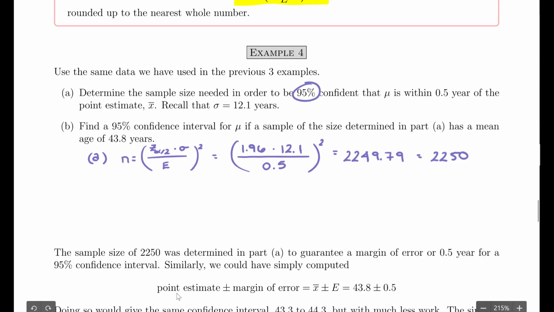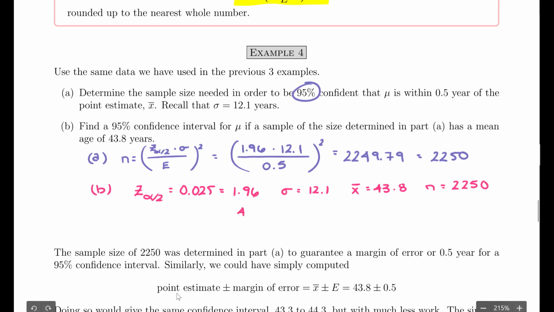So here again, z sub alpha over 2, for 0.025, we've already figured to be 1.96 several times over. Sigma is still 12.1, and our x bar is going to be 43.8. And n is what we calculated for Part A, 2,250.